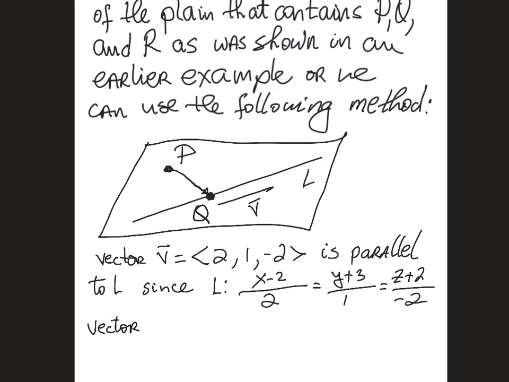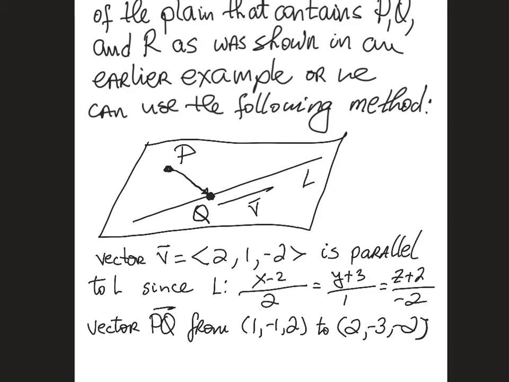And there is our point Q that lies on the line. Let's form a vector PQ. Vector PQ has initial point P, whose coordinates are 1, negative 1, 2, and terminal point 2, negative 3, and negative 2. So vector PQ has the components 1, negative 2, and negative 4.